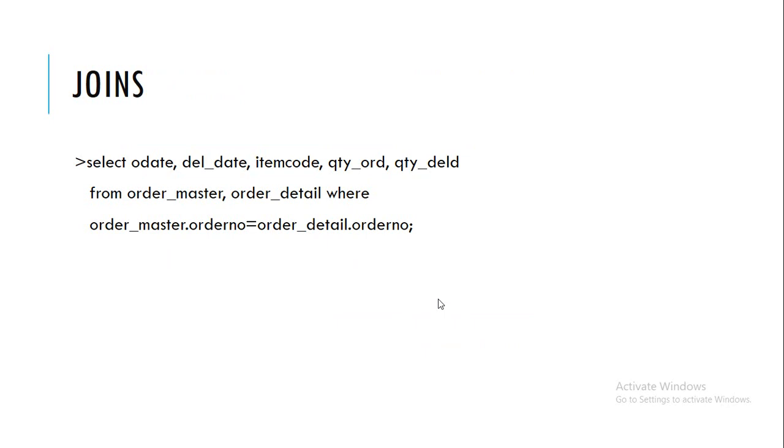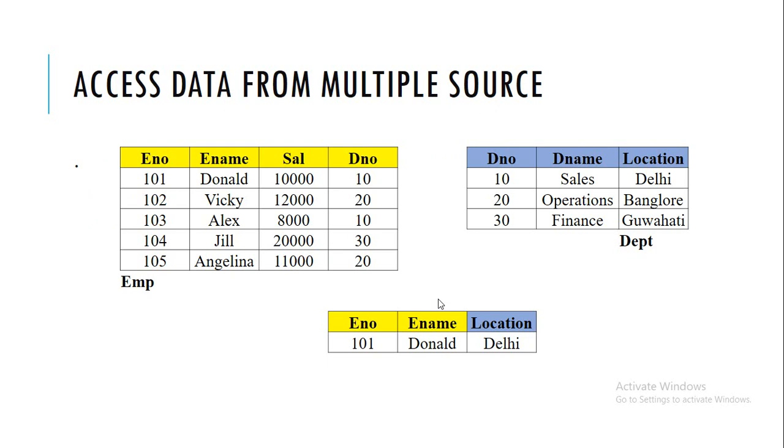Joins are used when data is stored in 2 different tables which have a common column. Here the department number is a common column, so we can use the concept of join to retrieve the data.